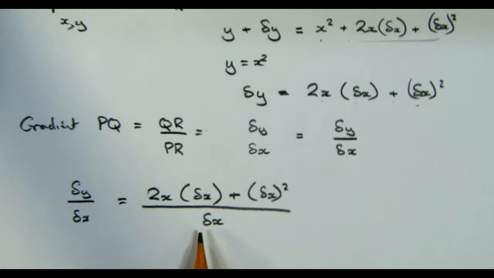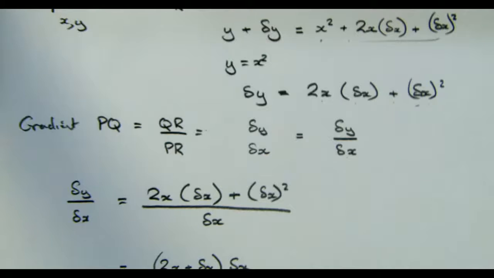Now the numerator has a common factor of delta x, so let's take that out. That gives me 2x plus delta x, times delta x, all over delta x.